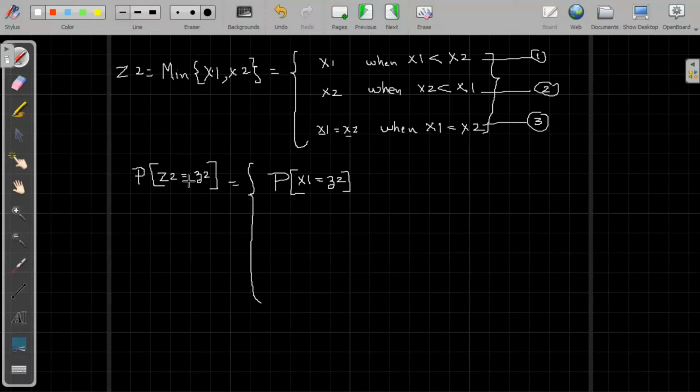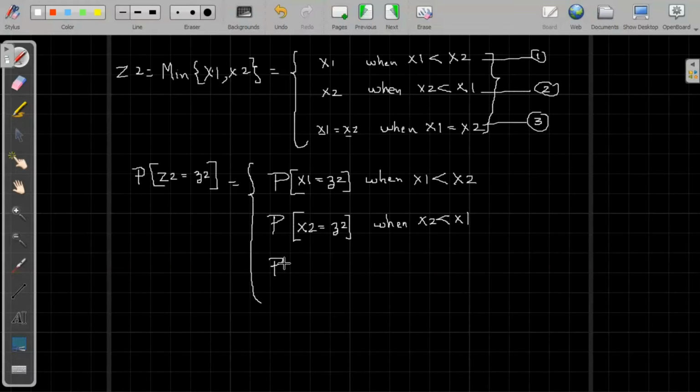So in the first case, this probability is equal to the probability that x1 is equal to z2 when x1 is less than x2. This is the PMF of z2 in the first case. Similarly, in the second case, it will be x2 is equal to z2 when x2 is less than x1.